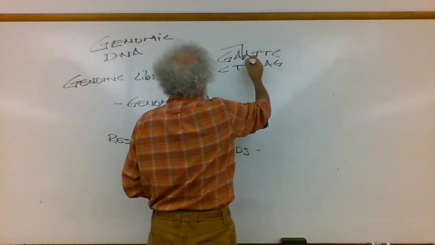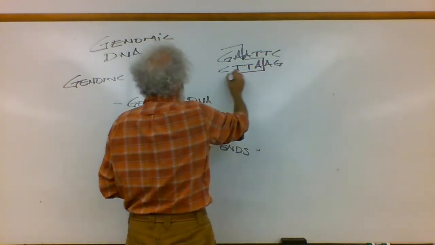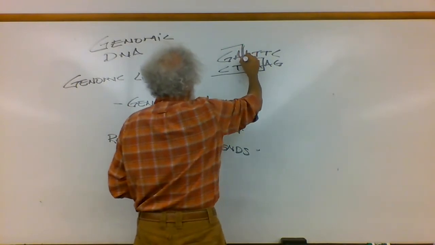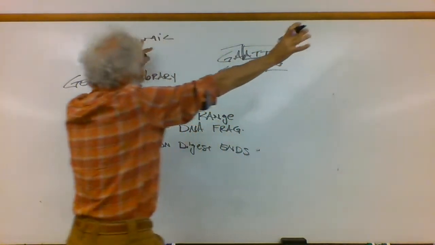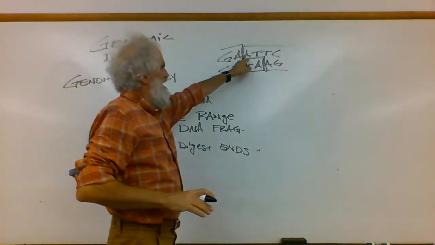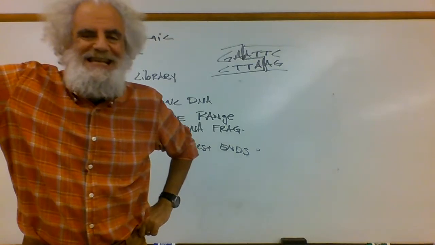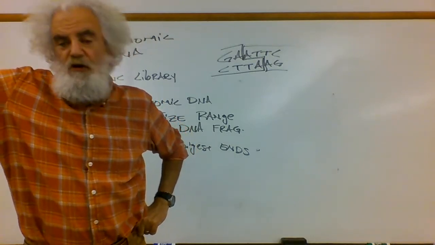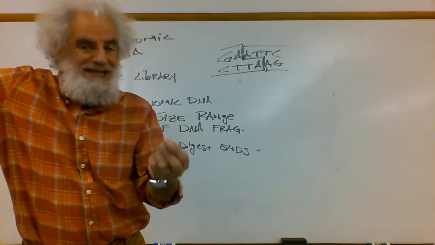So it cuts at that GA, and like that. So you have the DNA, when it opens up, you've got this AATT overhang, and that's referred to in the biz as a sticky end. There are restriction enzymes that'll cleave and produce a blunt end.